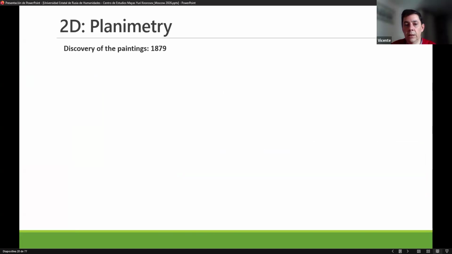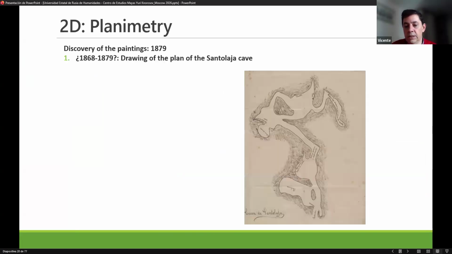This is the plan of the first sketch of Altamira. We don't know exactly the date, but around the end of the 19th century. This first sketch was made before the paintings were discovered. They knew the cave, but not the pictures.